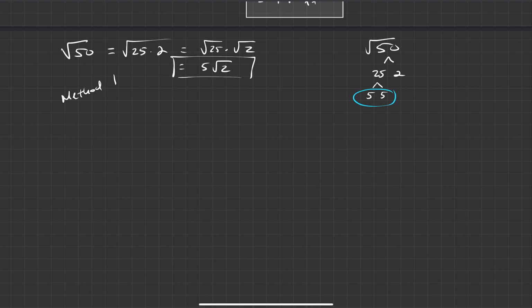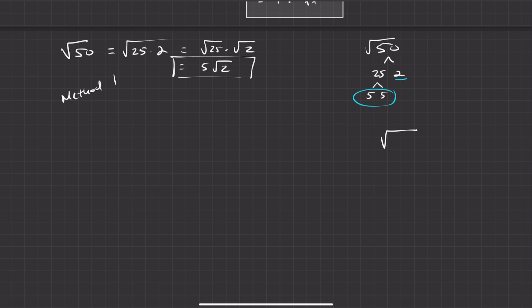number, I'm going to circle that and underline the number that doesn't have a pair, but I only have one prime number here, which is 2. So that's going to be underlined. So what I'm going to do with this pair, well, first of all, I'm going to draw my square root sign. One of these 5s will go away, and the other one will be taken out of the square root.